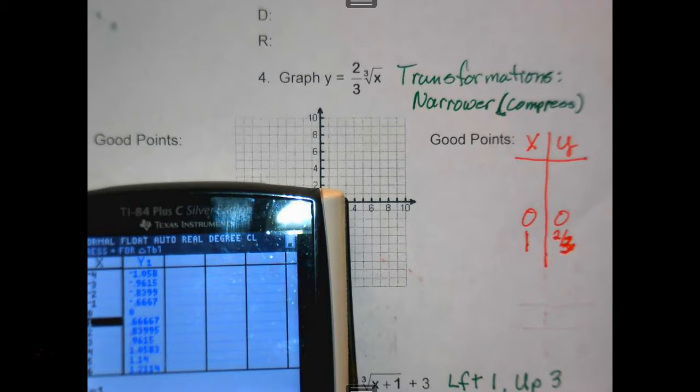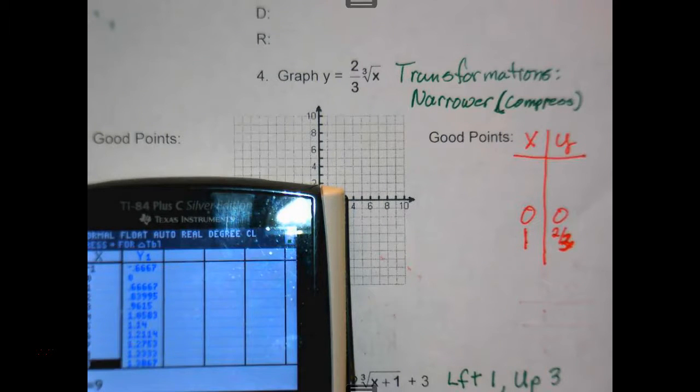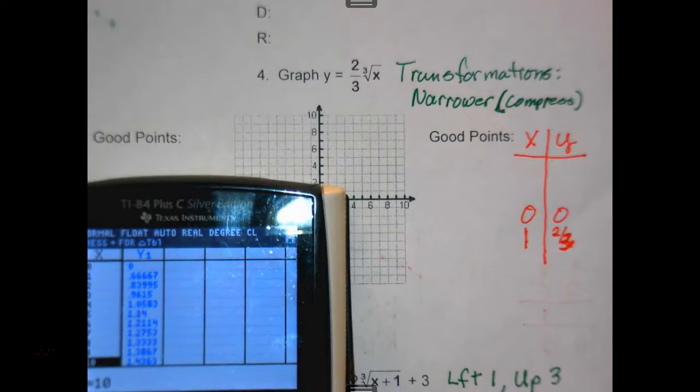All right, let's get some more. We need an outlier point. Let's see if we can get one pretty far out there. We can't really go past 10, can we? Our graph only goes up to 10. So let's use 10. And I'm going to use 1.4. Okay.